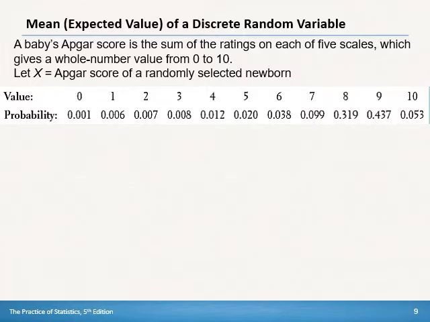Here is a probability distribution for the random variable x, the APGAR score of a randomly selected newborn baby. We can look at this and say that about 43.7% of newborn babies have an APGAR score of 9, for example.